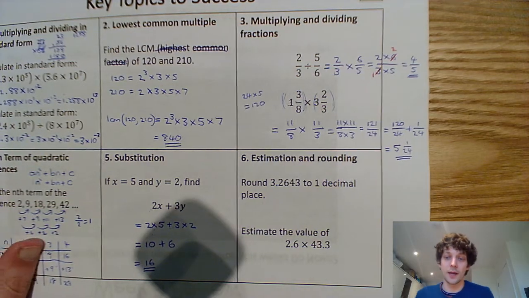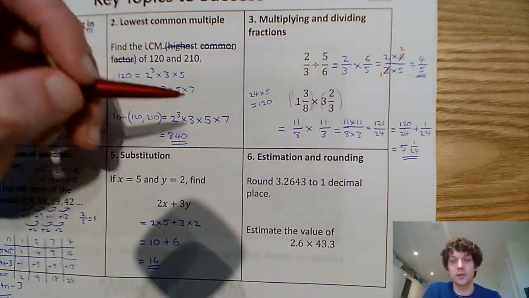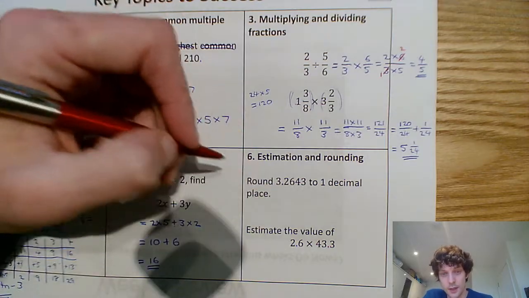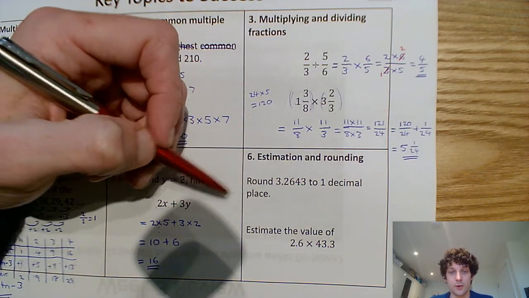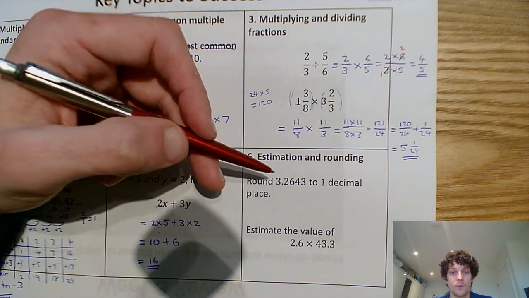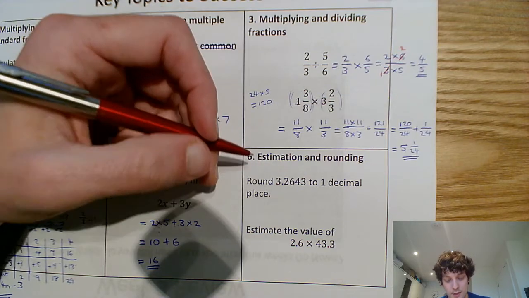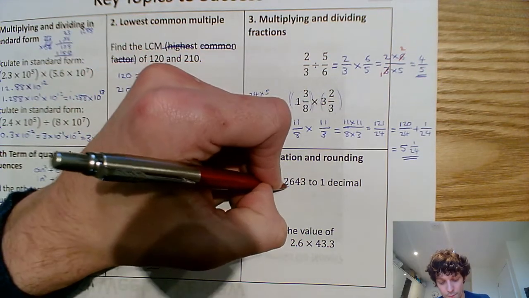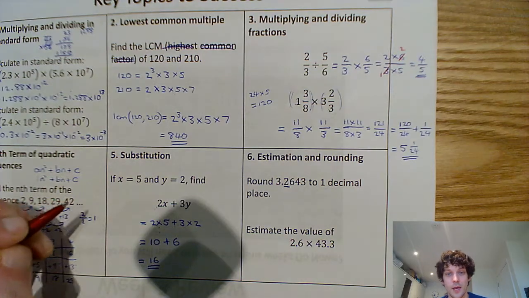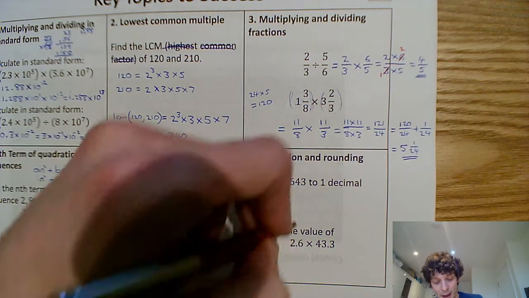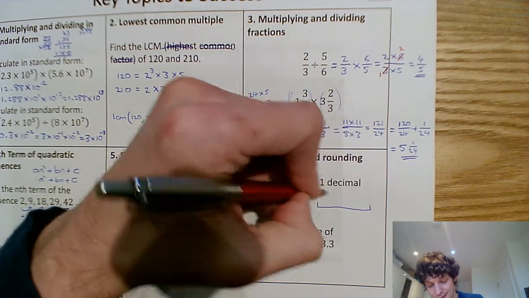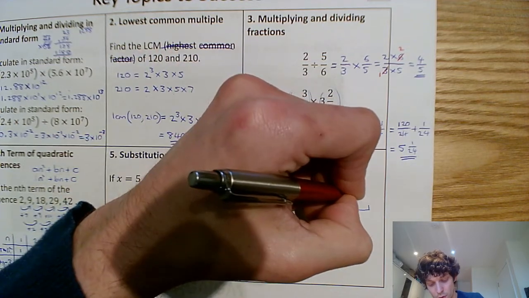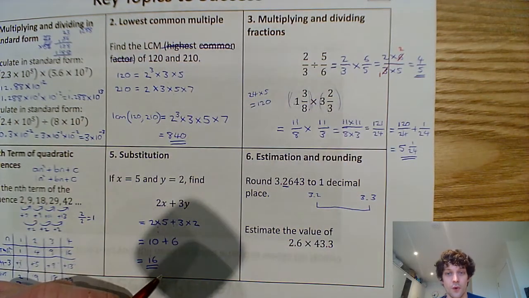Okay, last topic for this week's set of questions, estimating and rounding. Should be quite straightforward. The first part, rounding 3.2643 to 1 decimal place. So my first decimal place is this 2 here. So I'm either going to be rounding down to 3.2 or up to 3.3.